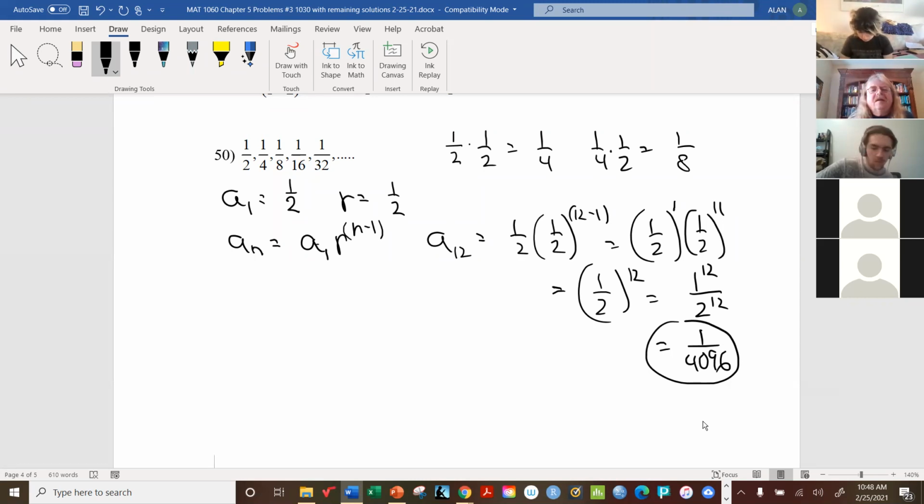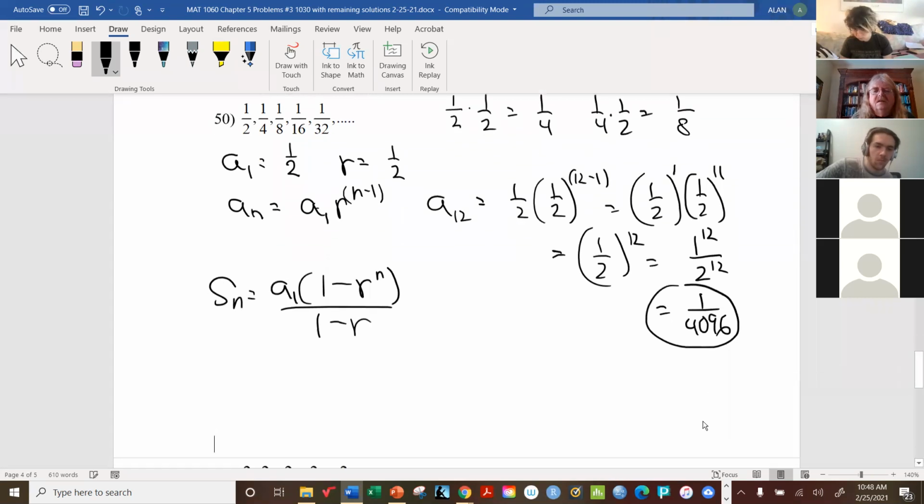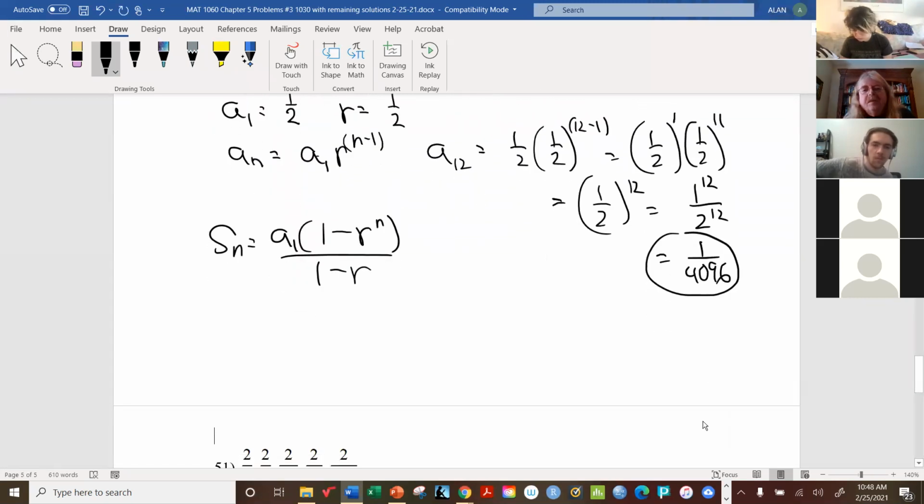Now for the sum of the first 12 terms, we have again (1 minus r to the n) over (1 minus r). Now, because these numbers are fractions, the sum is likely to be fairly small, not like what we're used to seeing, like 2 million something.